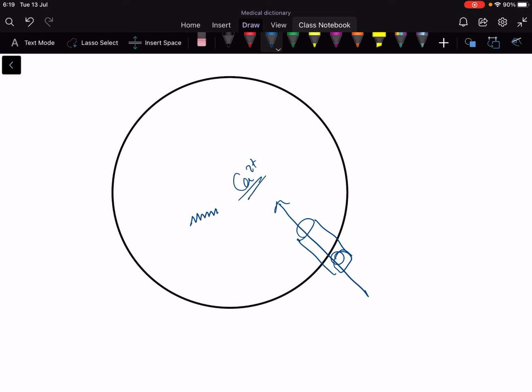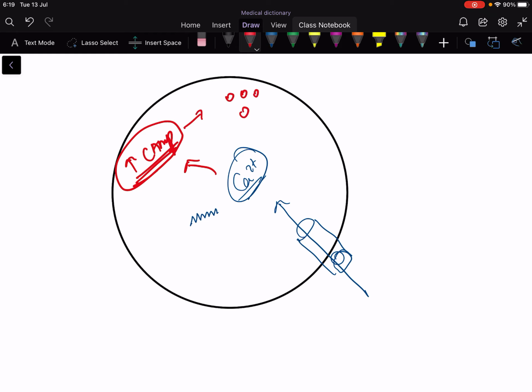So once the calcium gets inside, what will happen? When the calcium gets inside, it will activate cyclic AMP. Okay, let me draw it clearly here. The calcium will go and increase the cyclic AMP levels, right? So when this cyclic AMP is activated, it will release secretory granules which contain insulin.